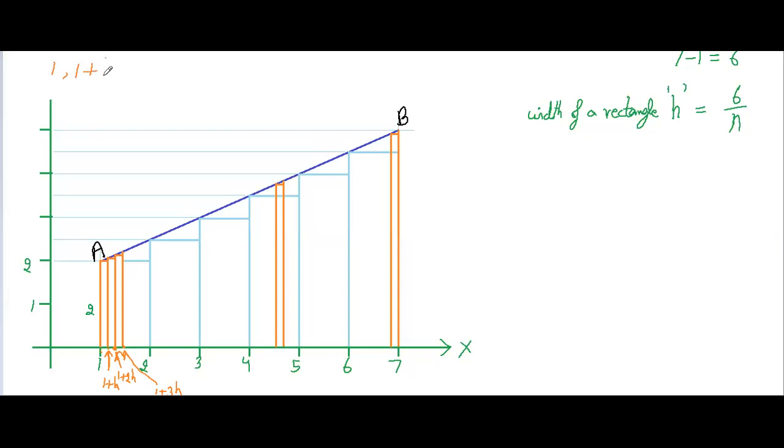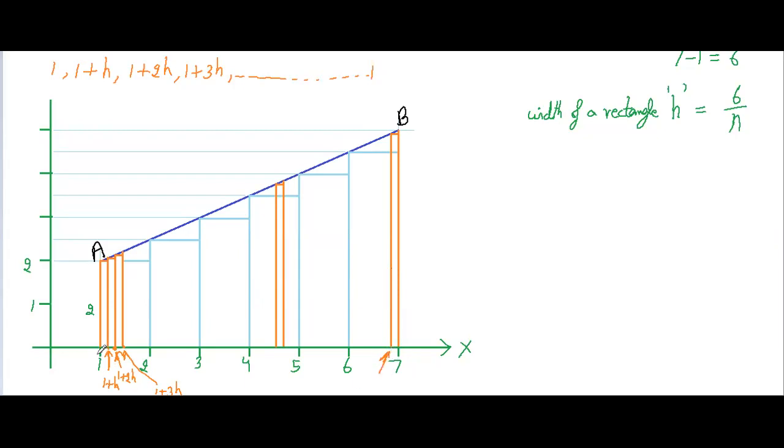We are getting an AP now. How many terms does it have? It has n terms, because we have made n rectangles here. What will be the nth term? That is the last point.